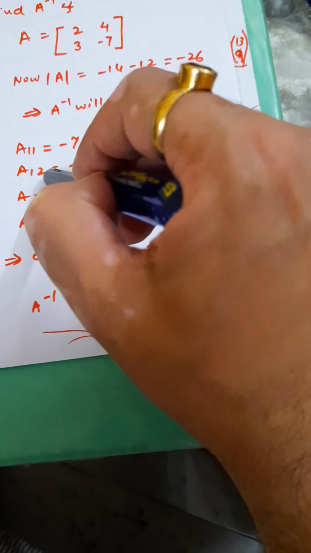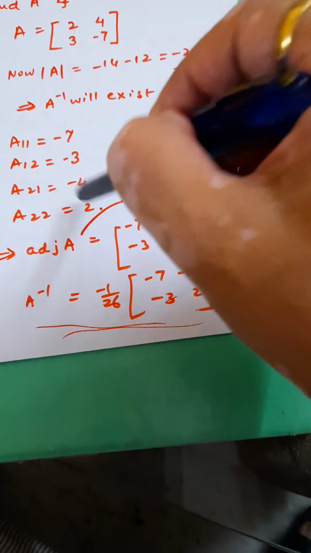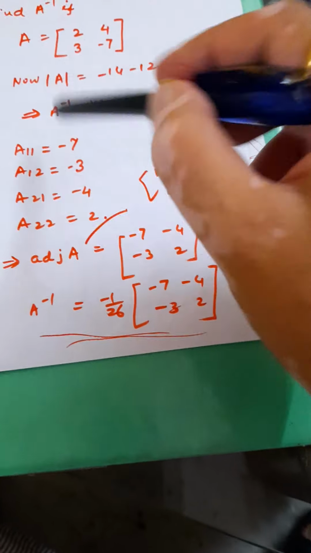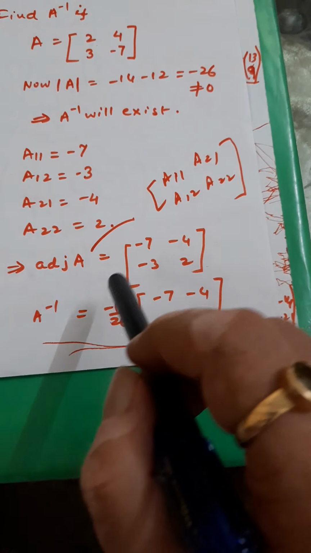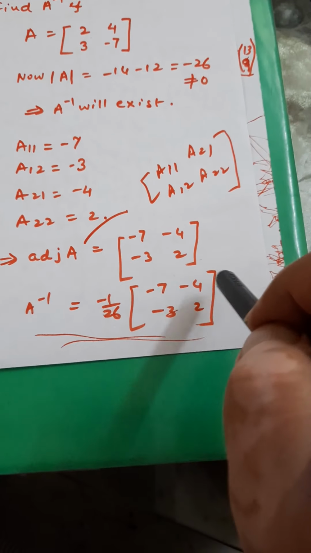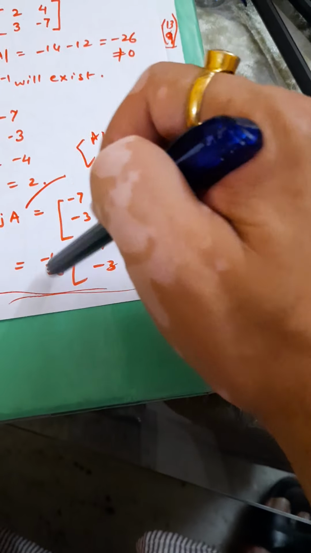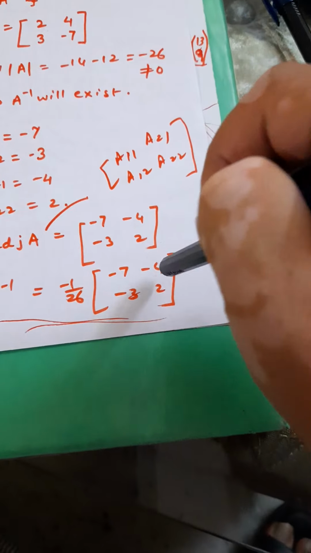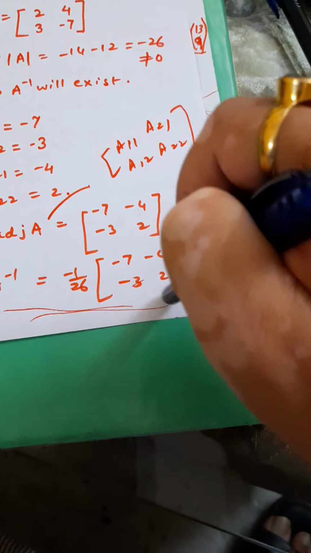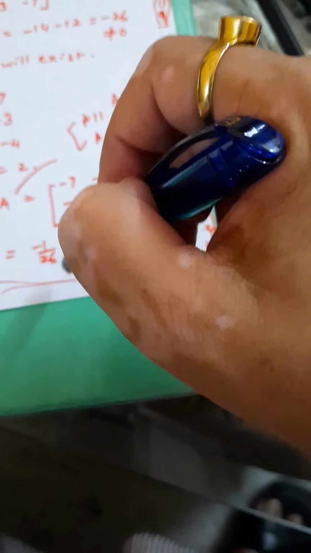Since its sum is odd, it's minus 3. A21 is minus 4. A22 is 2. So adjoint A is minus 7, minus 4, minus 3, 2. So A inverse is adjoint A upon determinant of A. This is minus 1 by 26 times minus 7, minus 4, minus 3 and 2. You can take it inside also, but it's very easy if you keep it outside and then calculate.